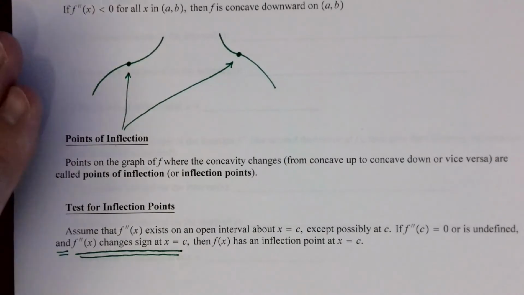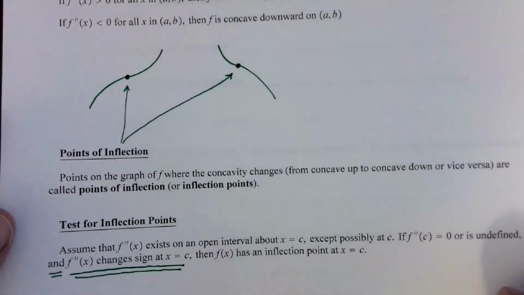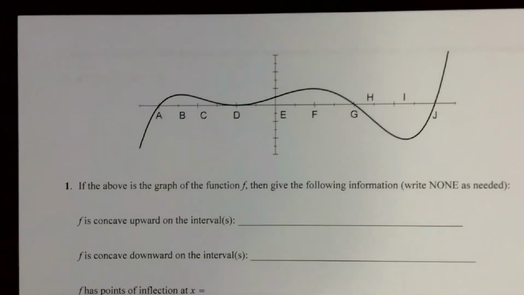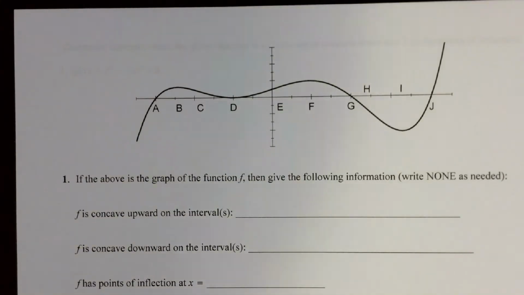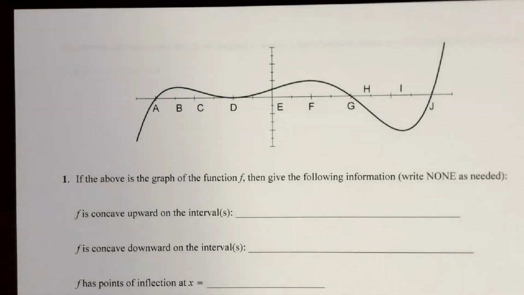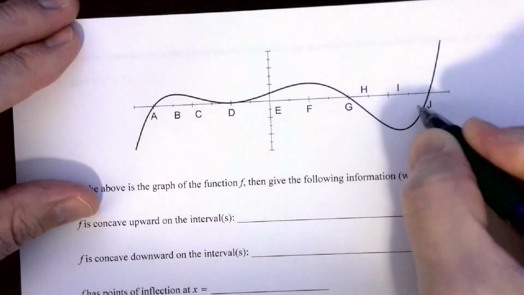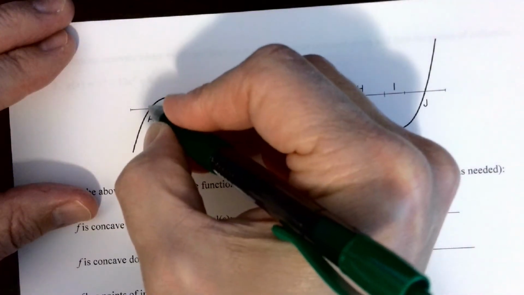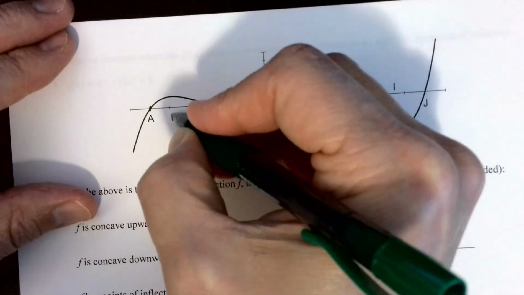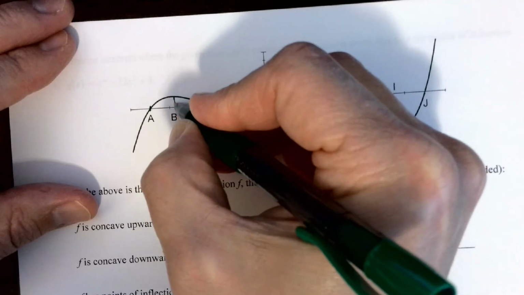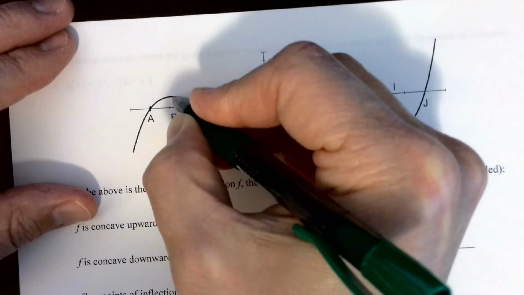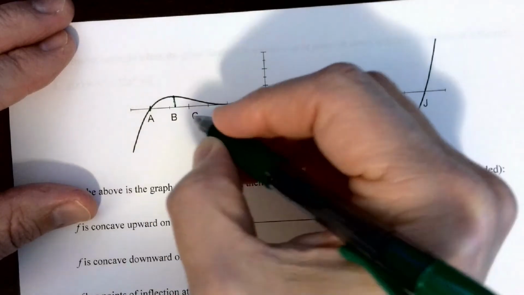All right. Let's see if we can first think of this just from a graphical example, and then we'll look at some algebraic ones. So I want to take a look at this function, which is similar to the way we started when we talked about monotonicity. Again, these values of a all the way through j are input values. So here's the x-intercept for the function. B here, this looks about the location where we have a local max.